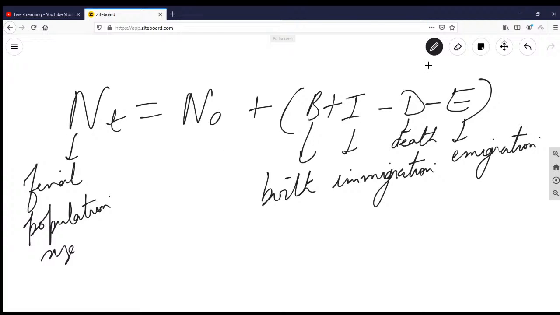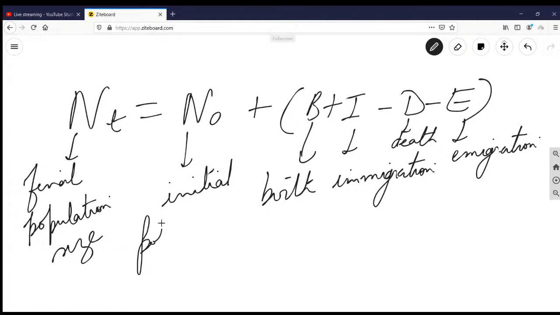And N naught is the initial population size. Okay. So this is all about your population density, birth rate, death rate, then age distribution, population size.